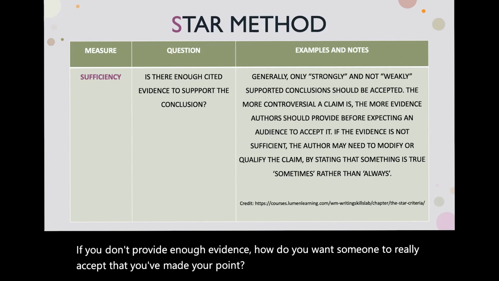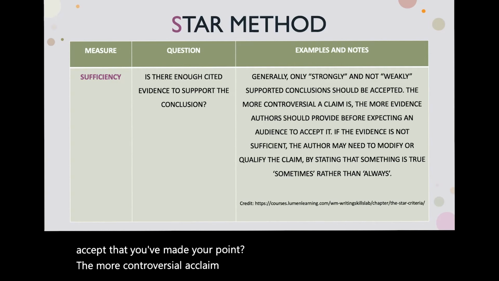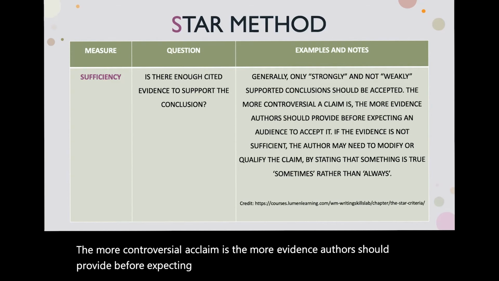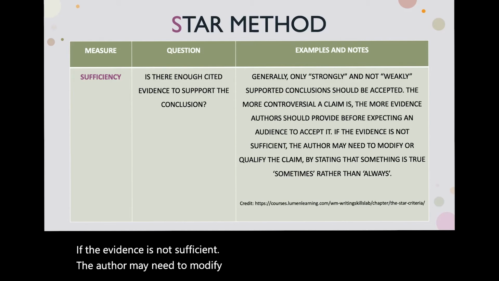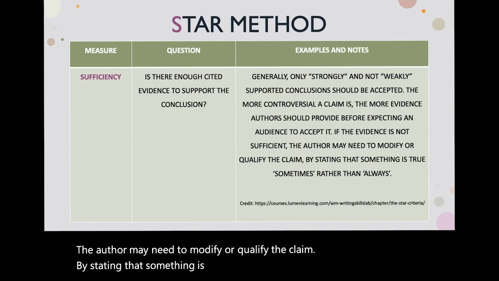The more controversial a claim is, the more evidence authors should provide before expecting an audience to accept it. If the evidence is not sufficient, the author may need to modify or qualify the claim by stating that something is true sometimes rather than always.